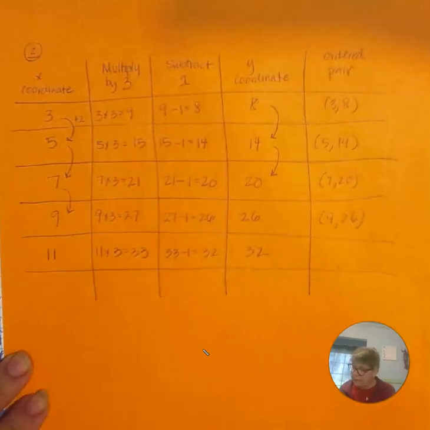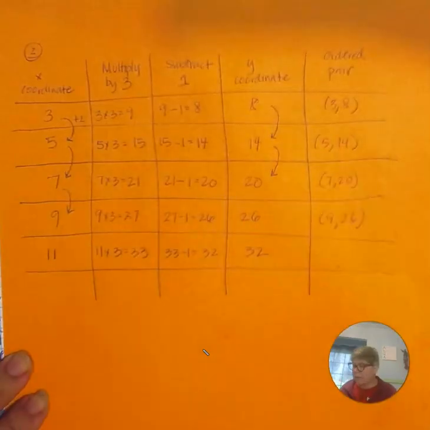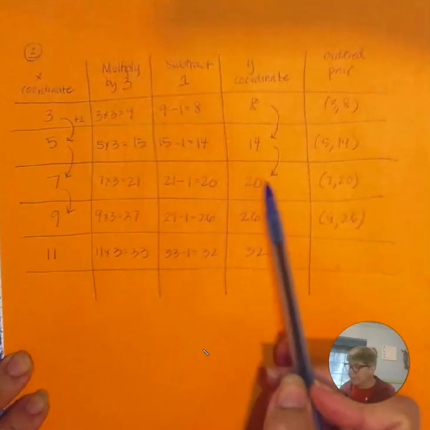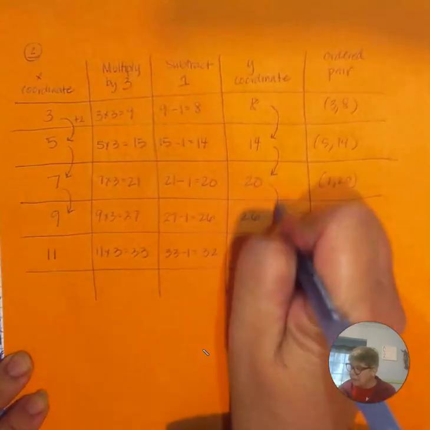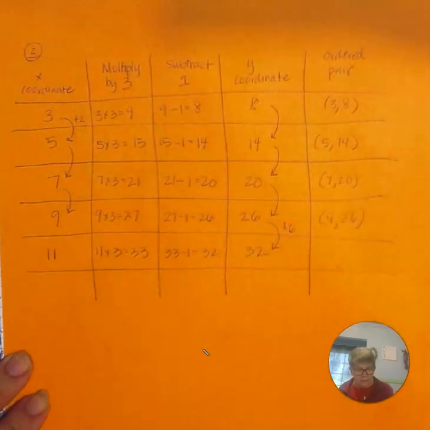Well, let's see. 8, 9, 10, 11, 12, 13, 14. 8 plus 6 is 14. 14 plus 6 is 20. 20 plus 6 is 26. 26 plus 6 is 32. So we could use that same pattern going down our y-coordinates as on our x-coordinates.